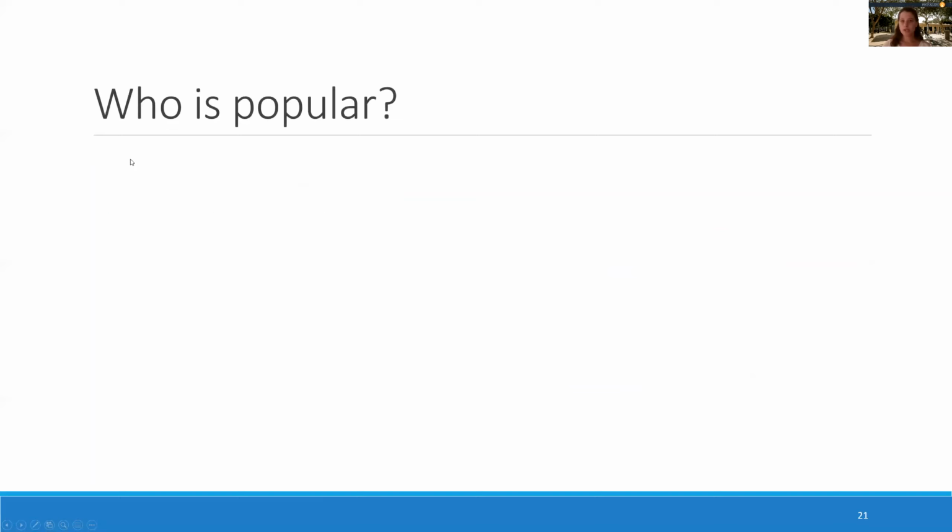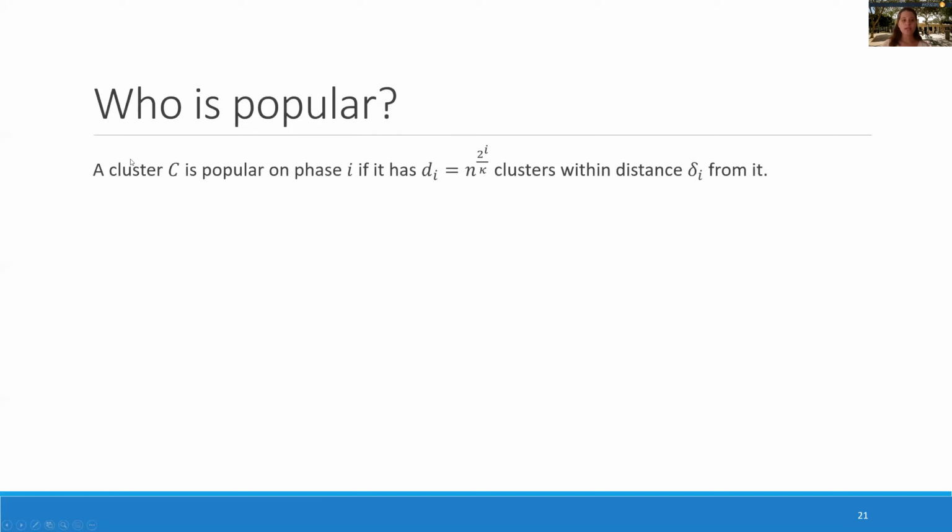So how do we decide who is popular? We say that a cluster is popular in phase i if it has at least d_i, which is equal to n to the power of 2 to the power of i over kappa, clusters within distance delta_i from it, for an appropriate distance parameter delta_i.